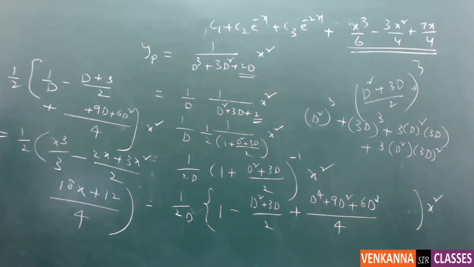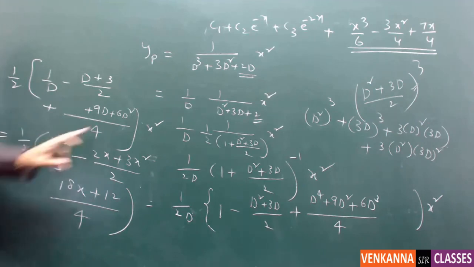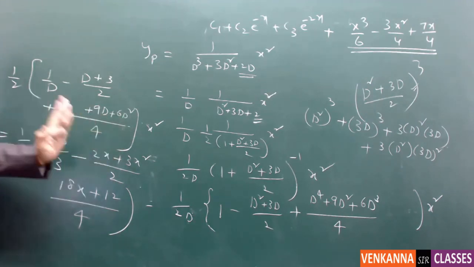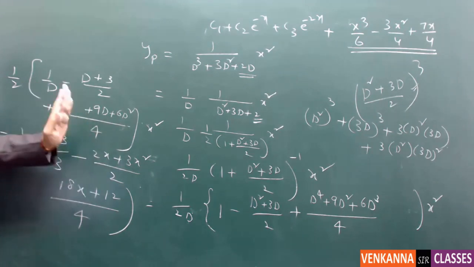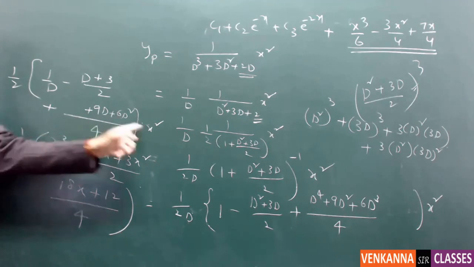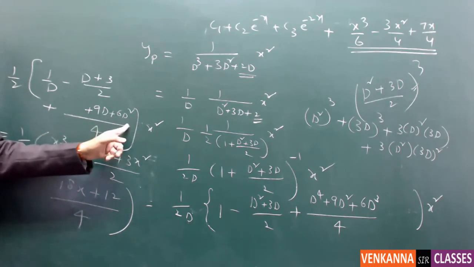So we have to consider 6d square too to get the exact value. Otherwise, you just have to stop at this part. To have the complete solution, you need to consider 6d square too, because if you apply 6d square to x square, you will get a number.